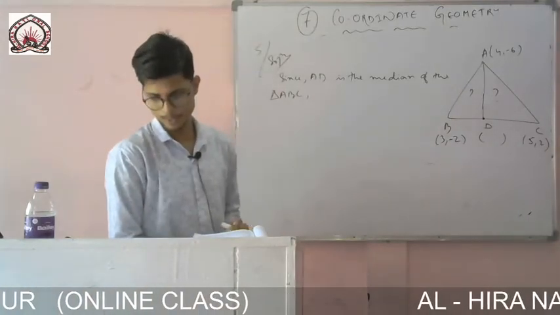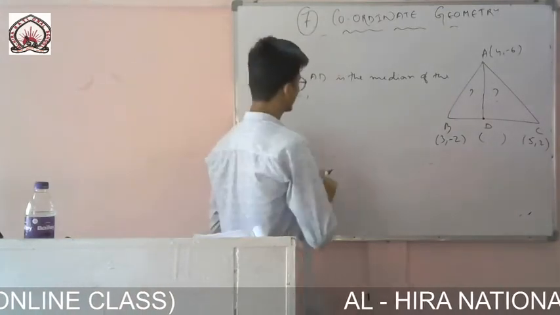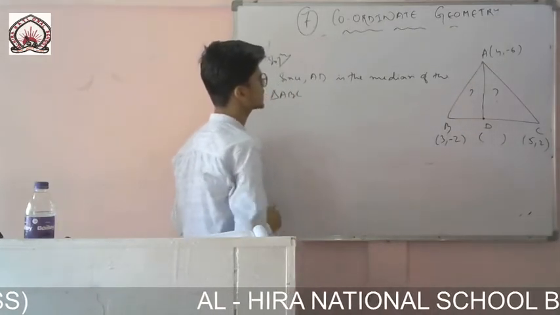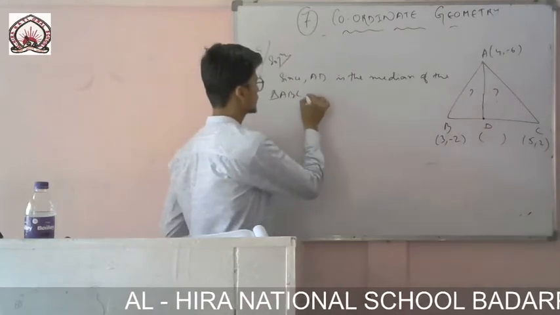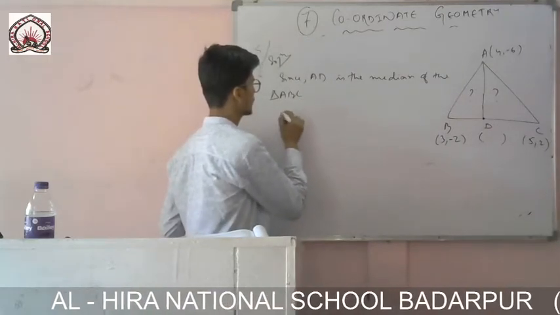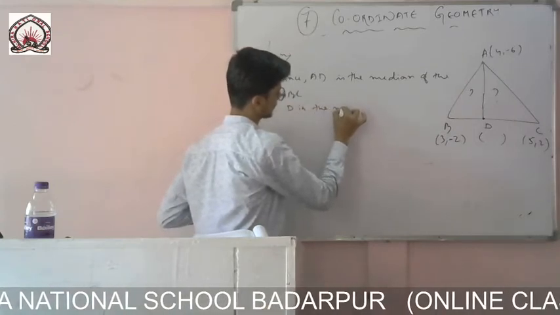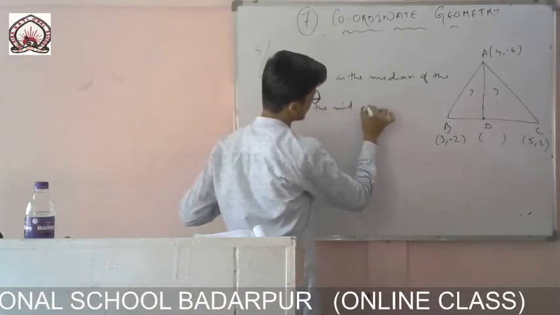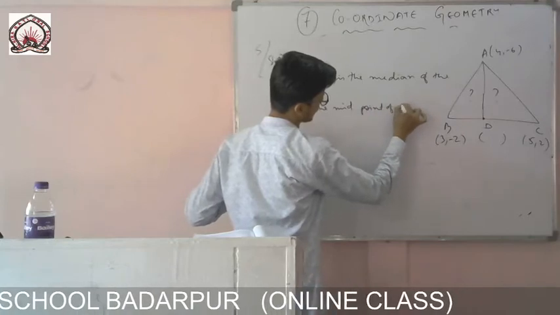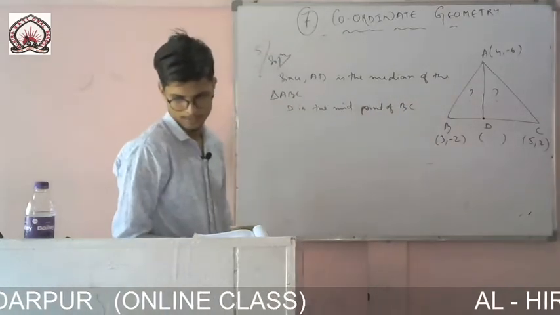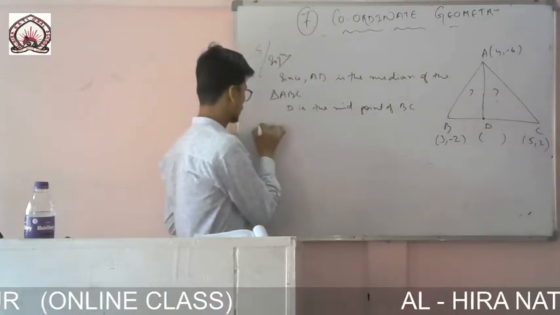Therefore D is the midpoint of BC. So now let us find the coordinates of D.